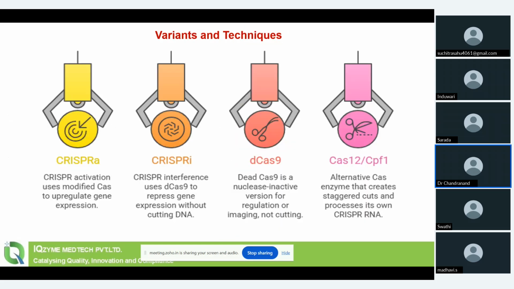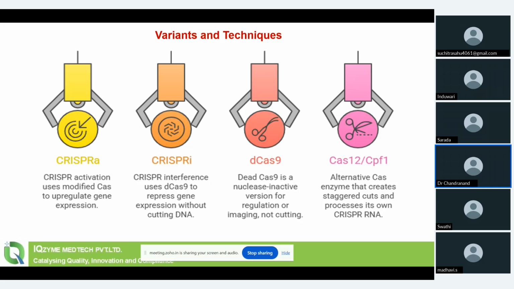So these are the variants and techniques in which CRISPR acts in different ways. CRISPRa, activation, uses modified Cas to upregulate gene expression. CRISPRi is interference CRISPR. It uses dCas9. dCas9 is the deactivated Cas9 or the dead Cas9.